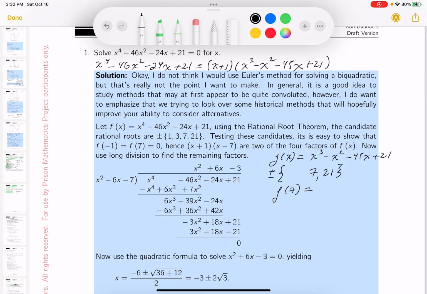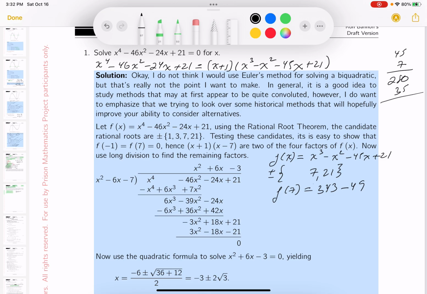Well, 7 cubed, that's 49 times 7. Well, 7 times 50 is 350, minus 7, 343. Minus 49. Right, that's 7 squared. Now, I'm going to get my ratio. My chicken scratch doesn't look good, but I'll write this down. I've got to do 45 times 7, right? That's 280 and 35.